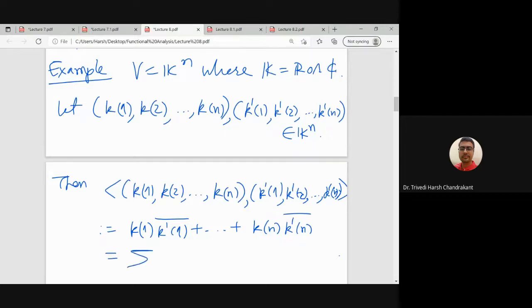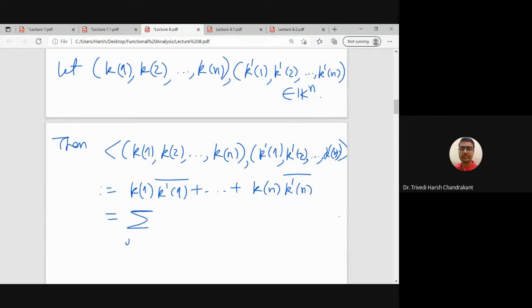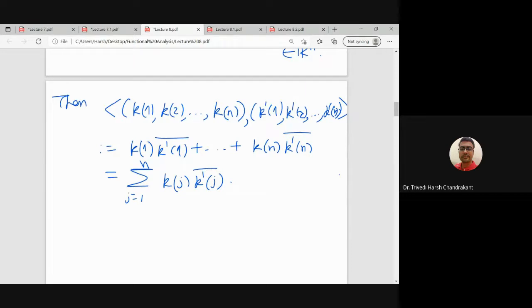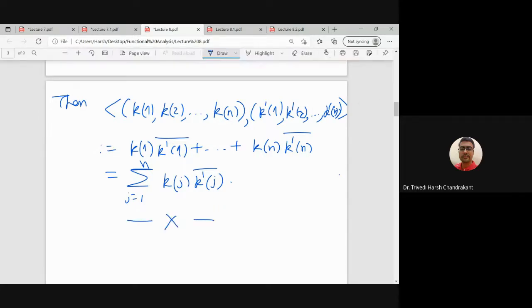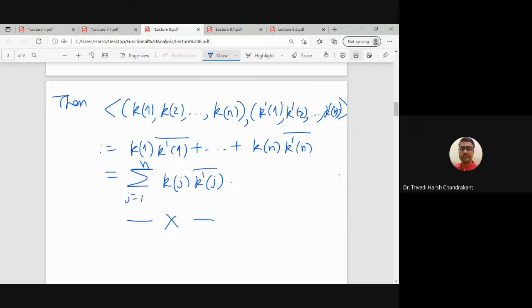In other words, it is the summation over j from 1 to n of k_j k'_j conjugate. So this is the inner product, and verification that it satisfies the properties of an inner product is very easy.